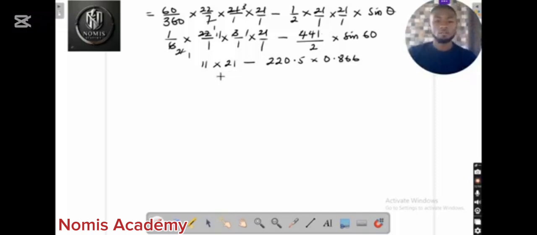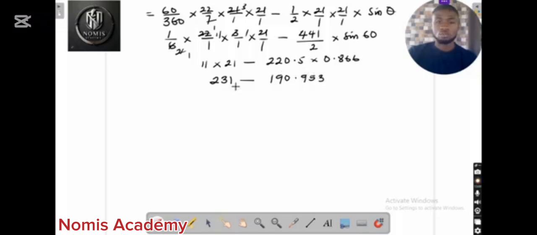So 11 multiplied by 21 is 231, minus 220.5 multiplied by 0.866. So we have 190.953.